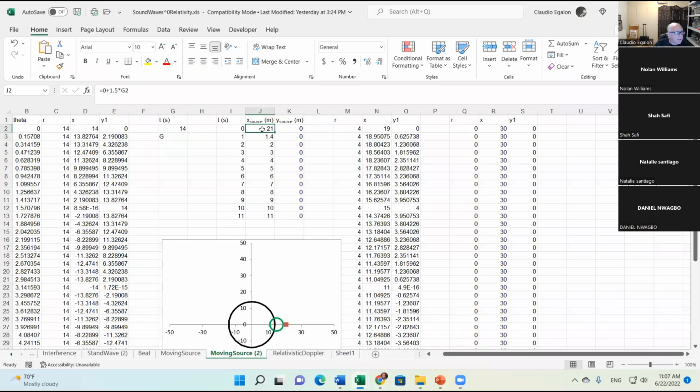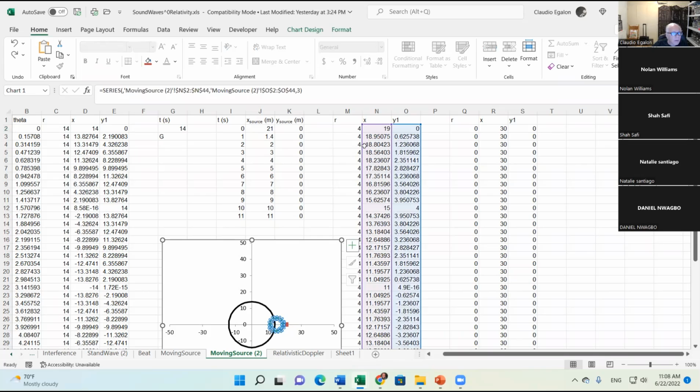So here we are at 1.5. Let me see if I have to change anything else here. Let's do it at 1 instead. This should be here.